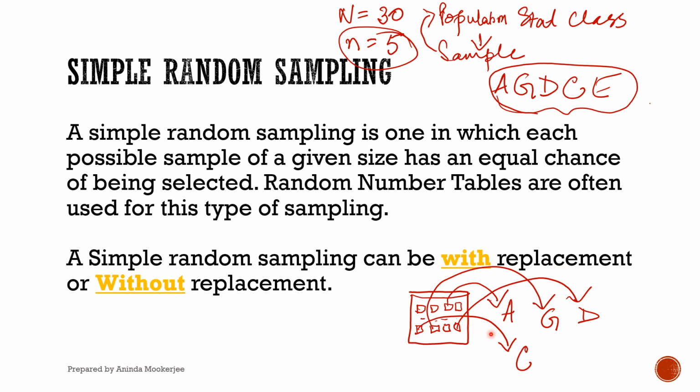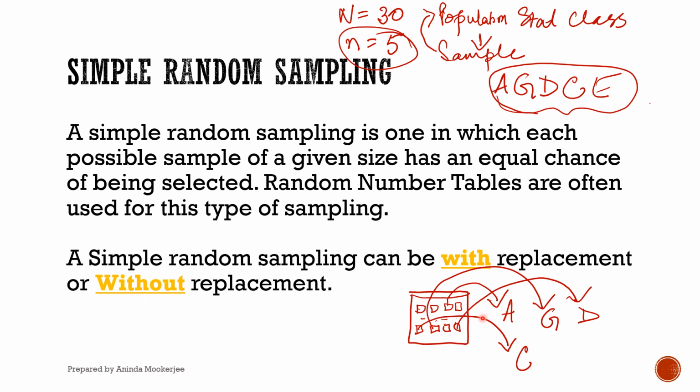Okay, another thing is a simple random sampling can be with replacement or without replacement. The fact that we were pulling a name once and that person's name did not go back into the box. That means once a piece of paper was picked, it was thrown in the trash. All right, it did not go back into the box. That means it's without replacement.